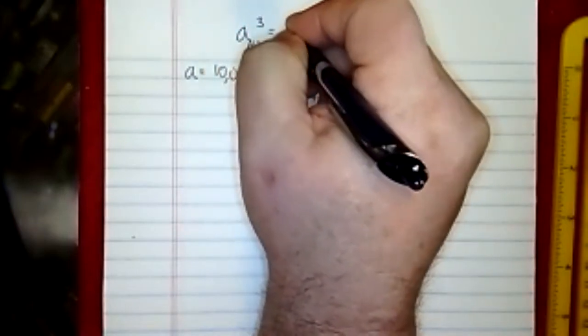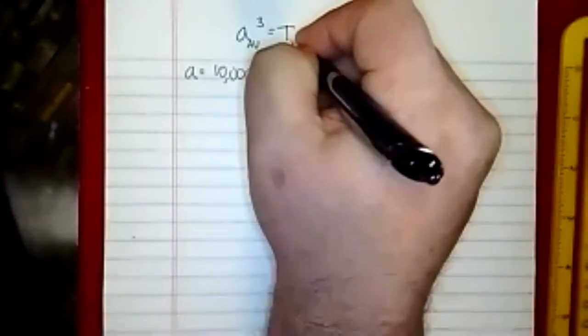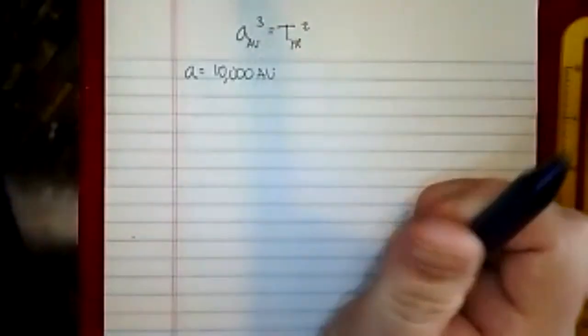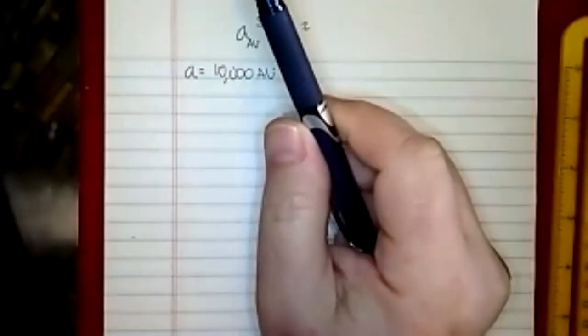And Kepler's third law is A in astronomical units cubed is equal to the period, which I'm going to call T, in years squared.